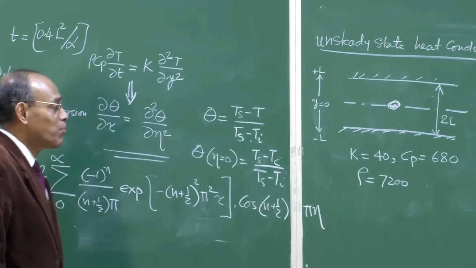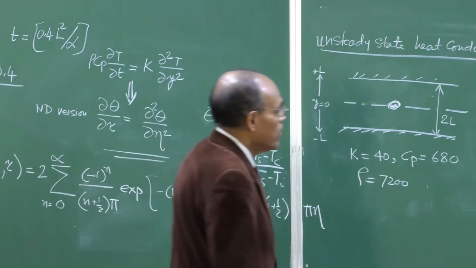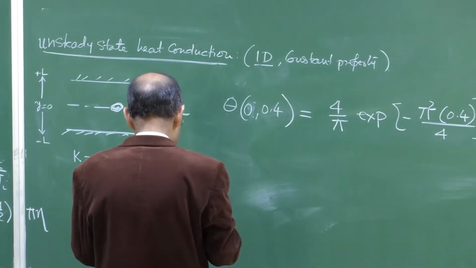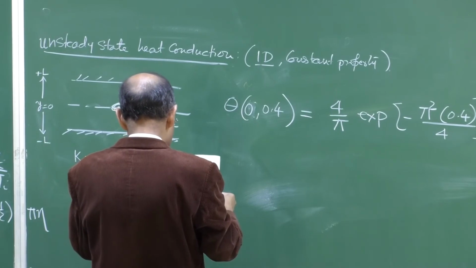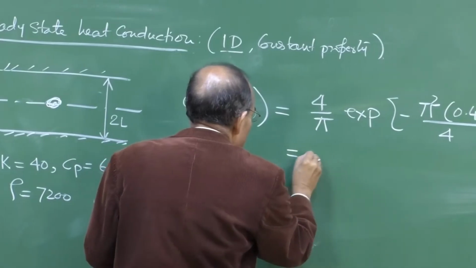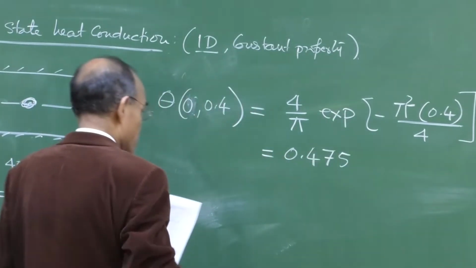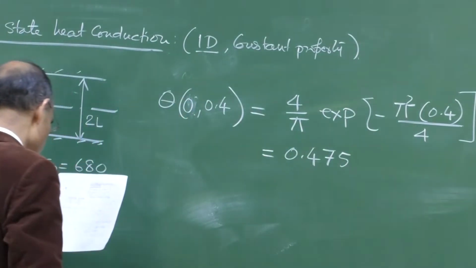So, the center point temperature can be calculated. So, now we can find out the value of this particular parameter, and this parameter comes out to be 475. You can just use a calculator and the value can be known to you.